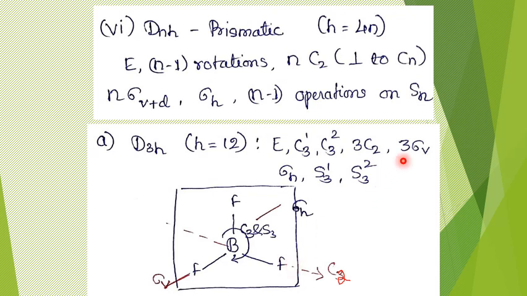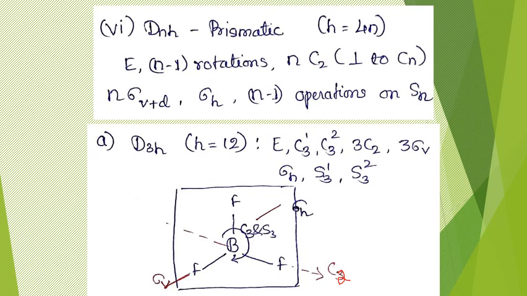And this C3 axis even serves as an S3 axis, on which two operations are possible, S31 and S32. So a total of 12 operations should be possible. You can just count: D3h, 3 into 4, 12 operations. 1, 2, 3 operations are possible, 3 more makes 6, 3 more makes 9, then 10, 11, 12. A total of 12 operations are possible in this point group D3h.